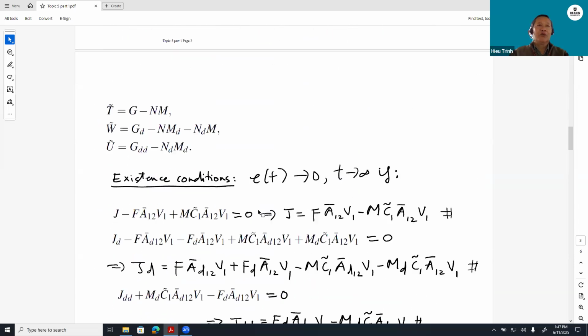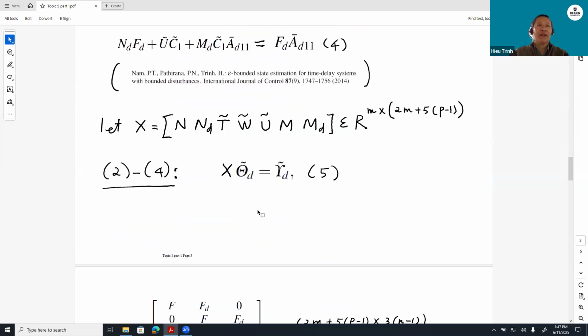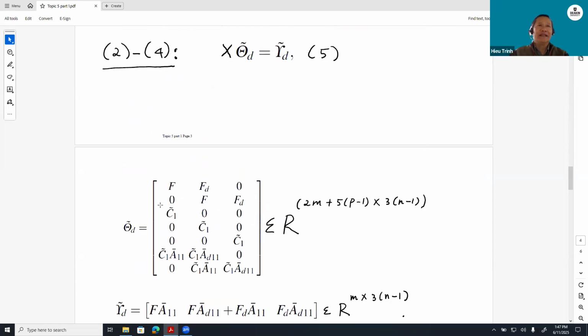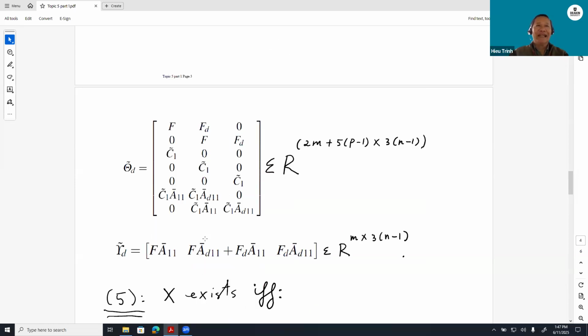And by the way, when we look at the condition and at this matrix, it gives us the FD here. See, FD is in there. So the addition of this additional delay term in the generalized functional actually appears in this condition, in this matrix here, and it also appears here and here as well.